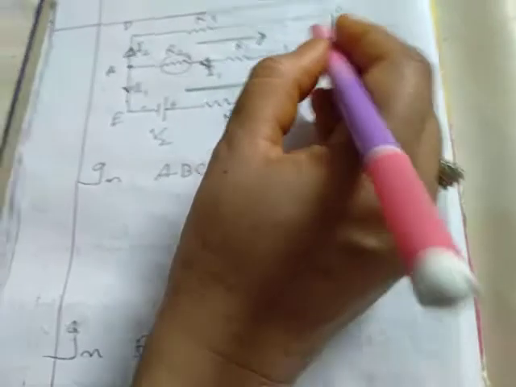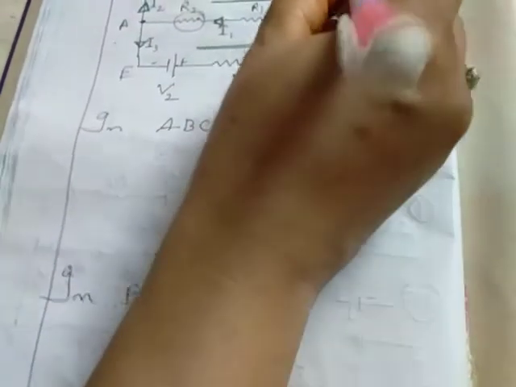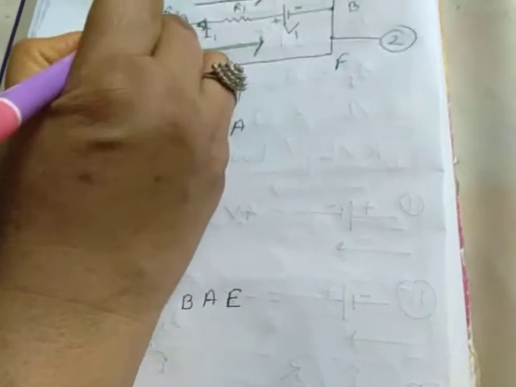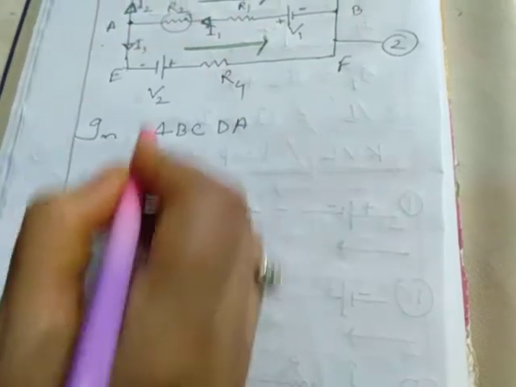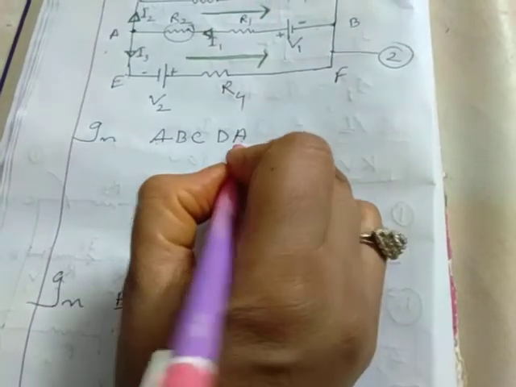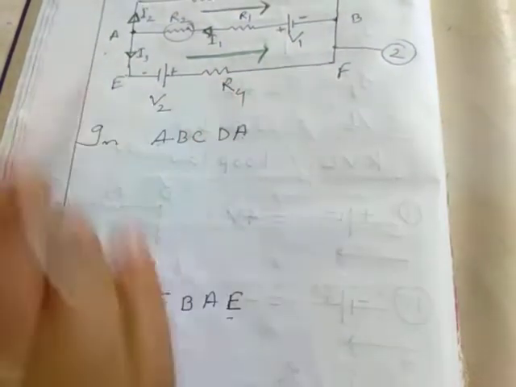Look, in this circuit there are two loops. Suppose this is loop 1 and that is loop 2. A, B, C, D, A is loop 1, and E, F, B, A, E is loop 2. From where you start, you reach that point again. So these two are the loops.